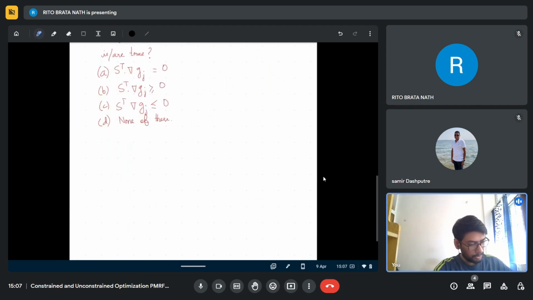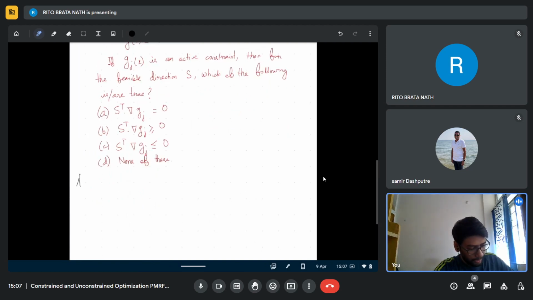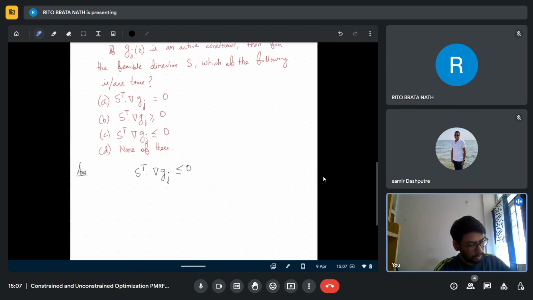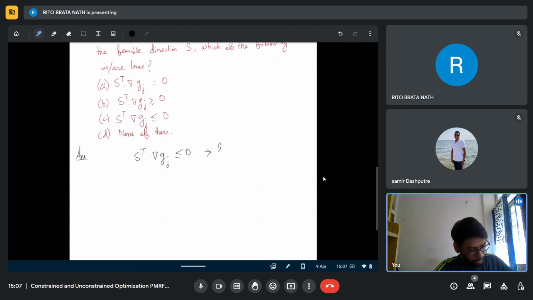For the feasible direction, when you're taking an active constraint and you do this dot product, it should be less than or equal to 0. This is for the feasible direction s.